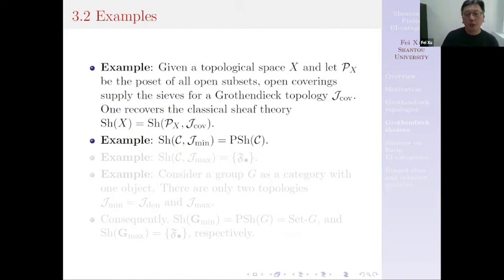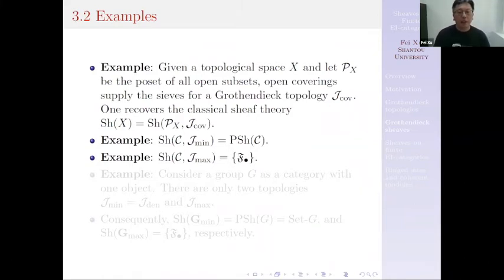Now, for an arbitrary category, we have the minimal topology. If we consider that, then there are no restrictions at all, because the only covering sieve is the representable functor. So the defining map is always one-to-one.